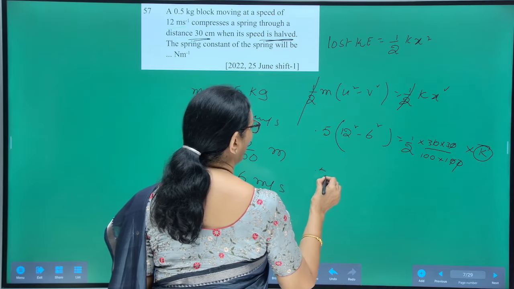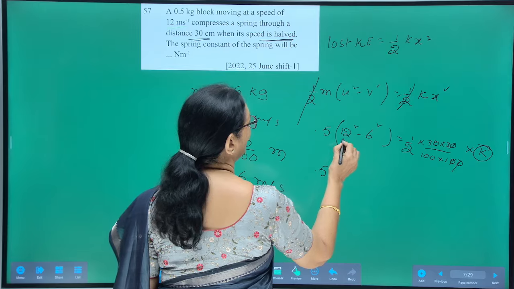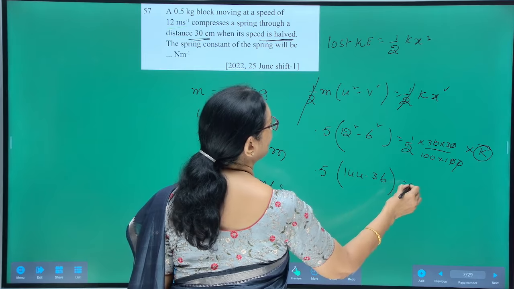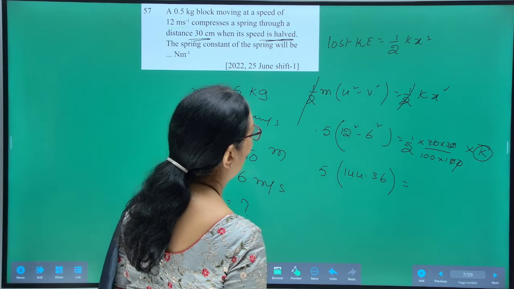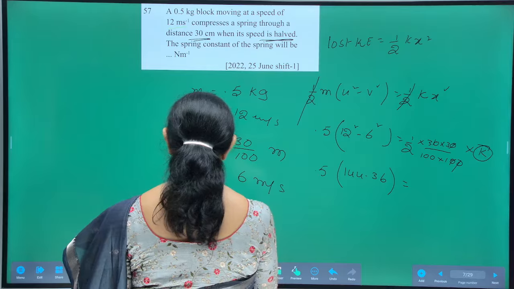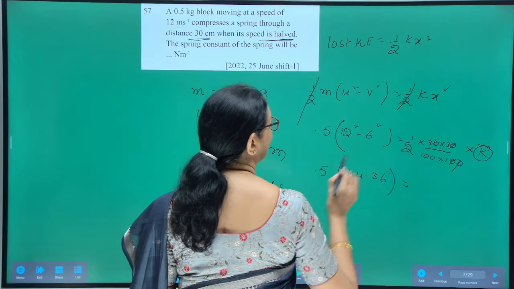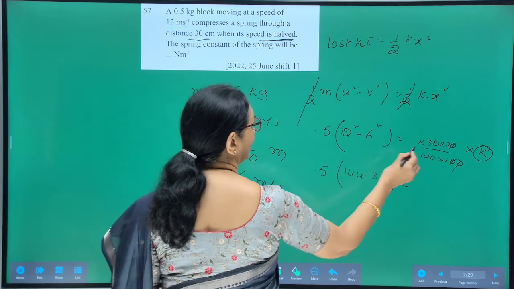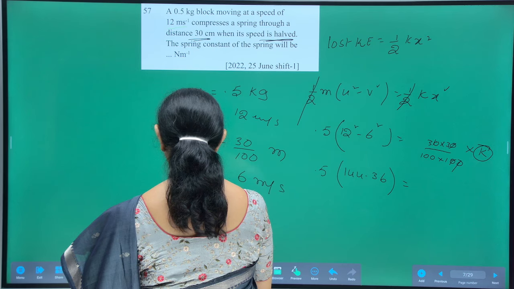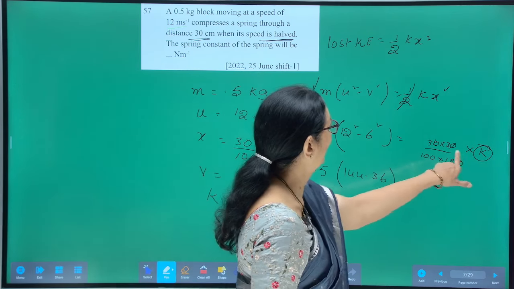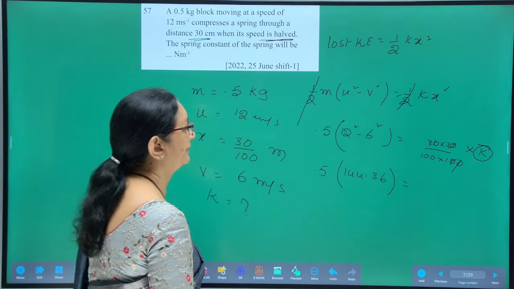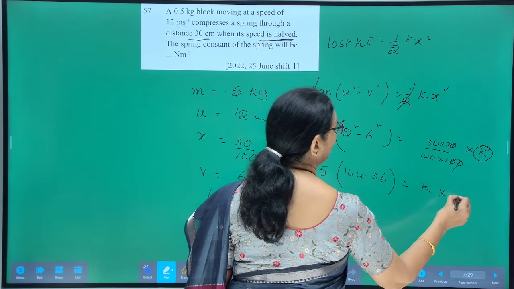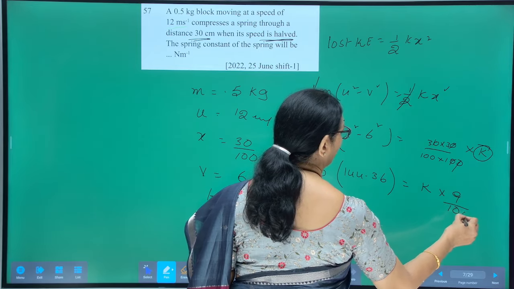So this is 0.5 into 12 square is 144 minus 36. Actually, we have cancelled that half on either side, isn't it? So it is just k x square. Okay, k x square is 30 by 100 into 30 by 100. So this is k times 9 by 100.